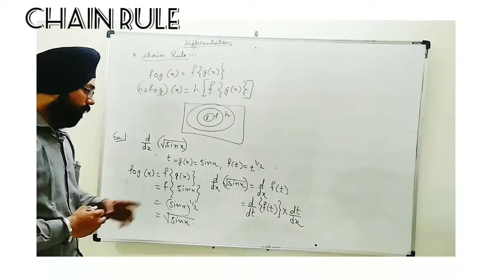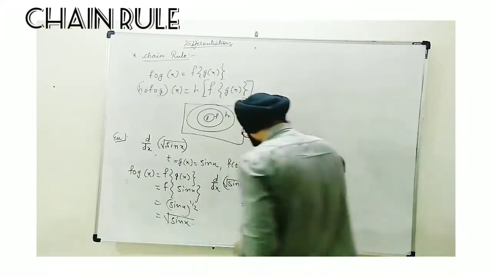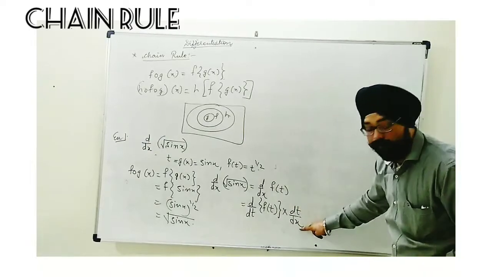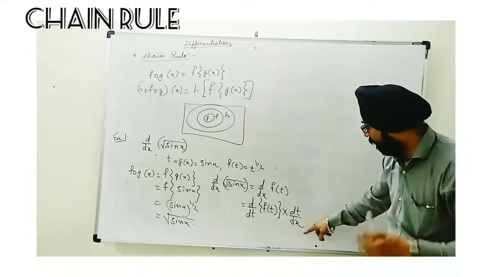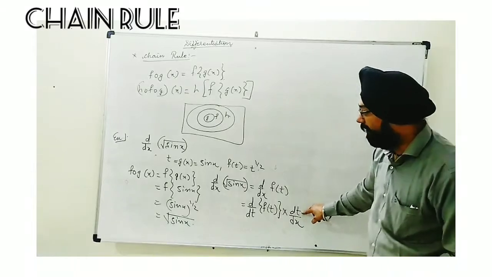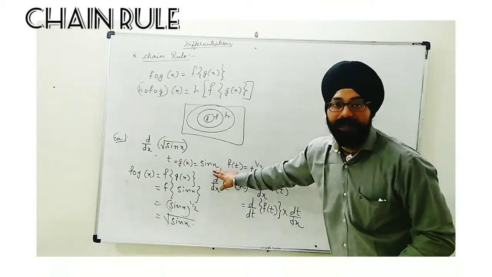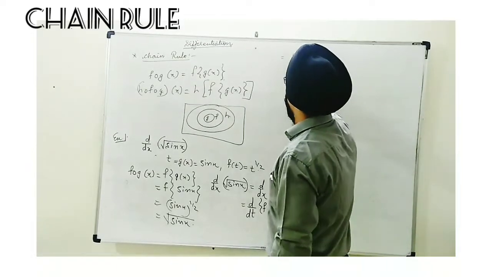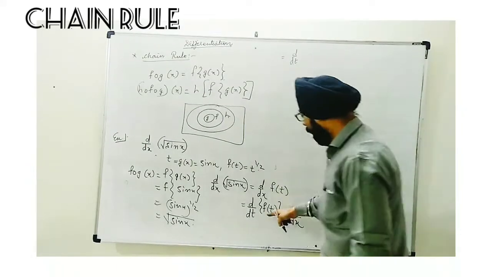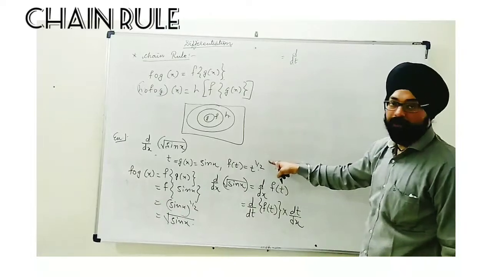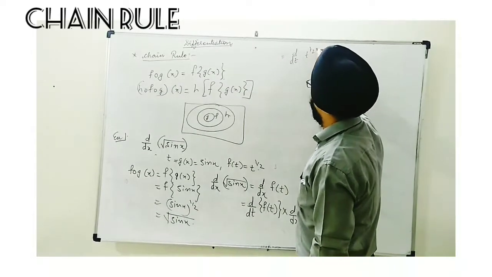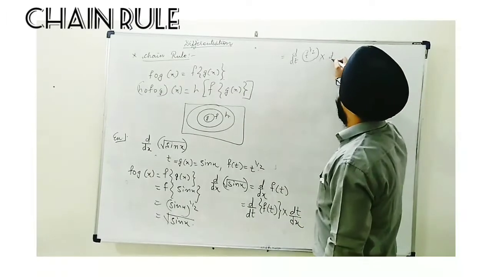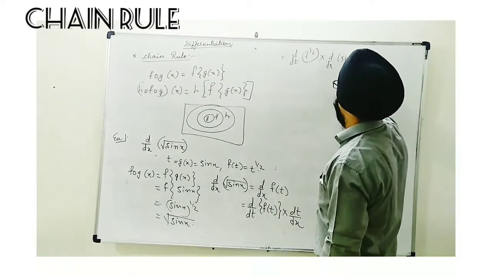Now this can be differentiated, but dt by dx, the differentiation of t with respect to x, cannot be done directly. We know that t is equal to sin x, so t will be written in terms of x. So we will write this as d by dt of f of t, which is t raised to the power 1 by 2, multiplied by dt by dx, where the original value of t is sin x.